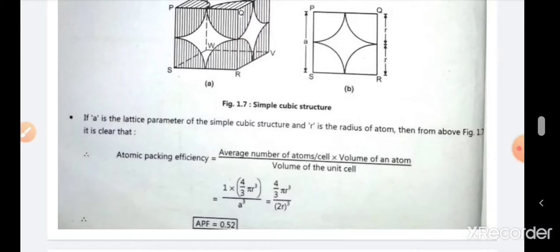So 1 into volume of atom, that is volume of sphere, 4/3 pi r cube, divided by volume of unit cell, meaning volume of cubic structure, that is a cube.